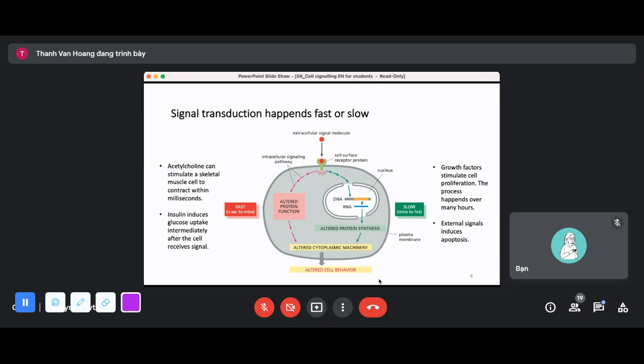So here you can see that when a cell receives a signal, it can respond very quickly within seconds or minutes, or it can take a longer time to give an answer.